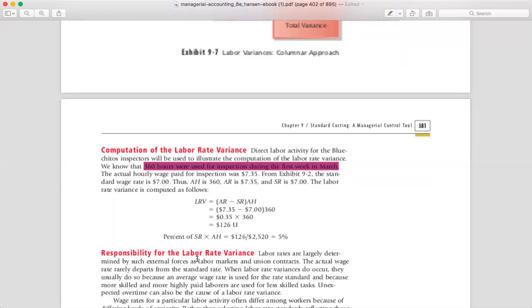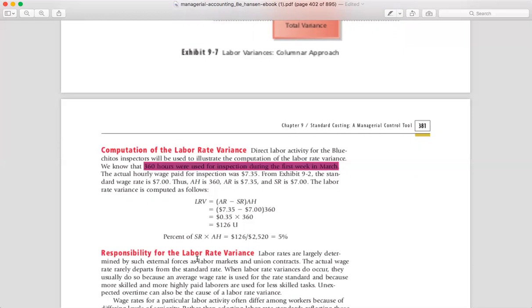So, back to the information from before. What happens if it is favorable? If it is favorable, the total actual cost incurred is less than the total standard, right?